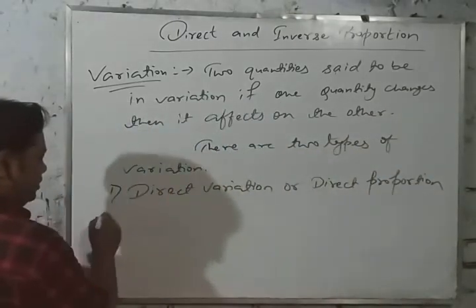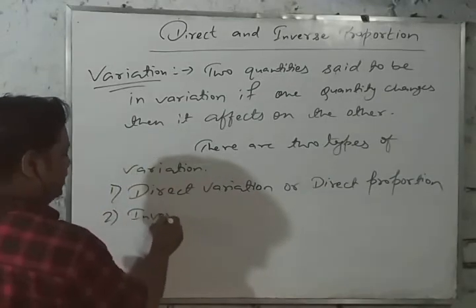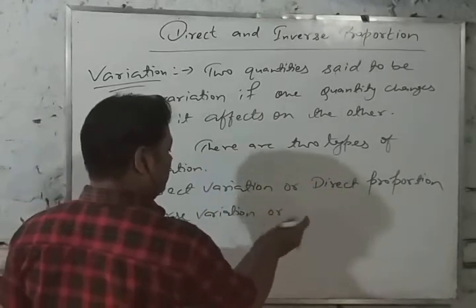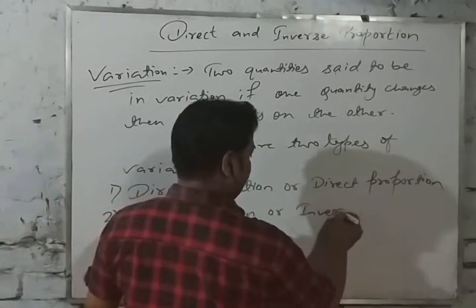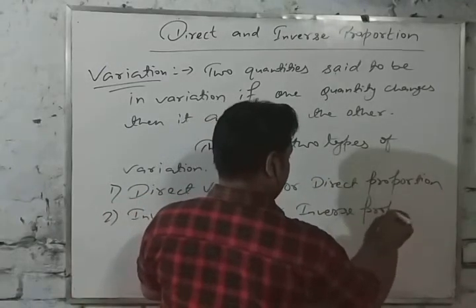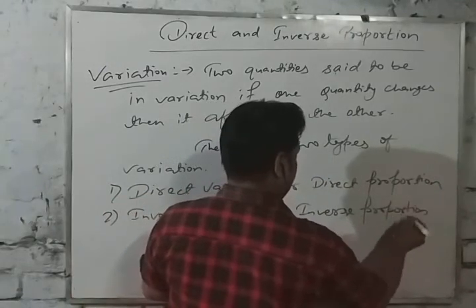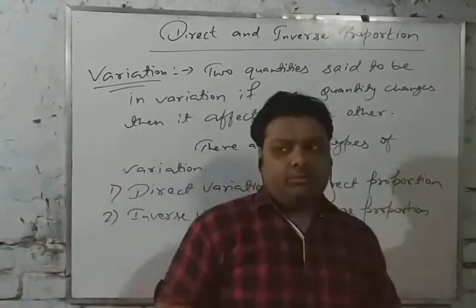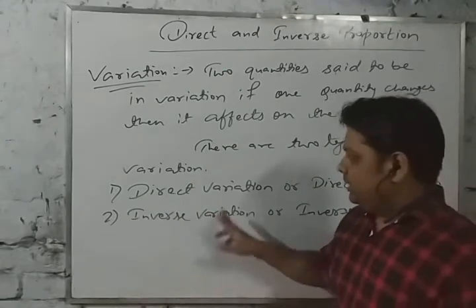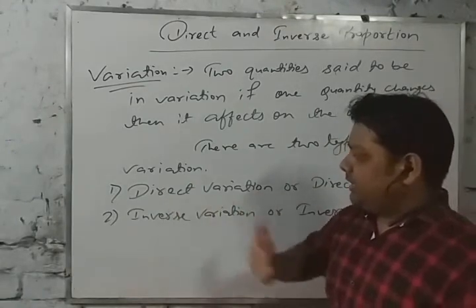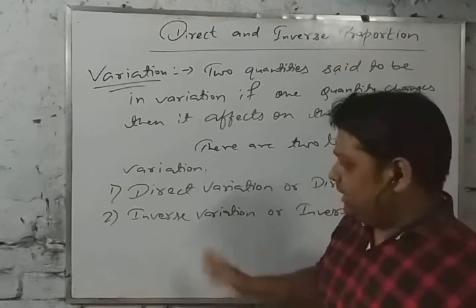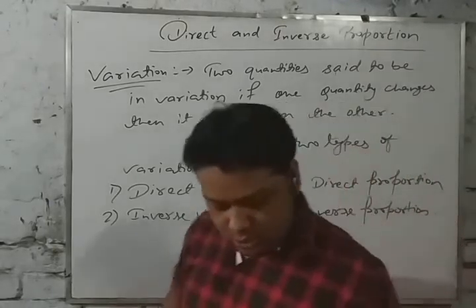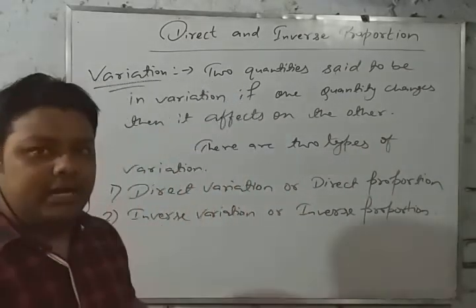The second one is inverse variation or inverse proportion. Now we will discuss the direct variation and its properties, and then we will discuss the inverse variation and its properties. So let's start the first topic, which is direct variation.